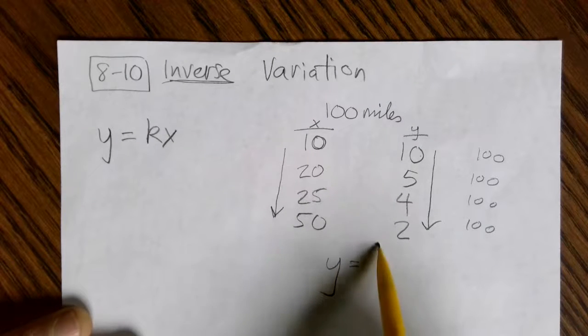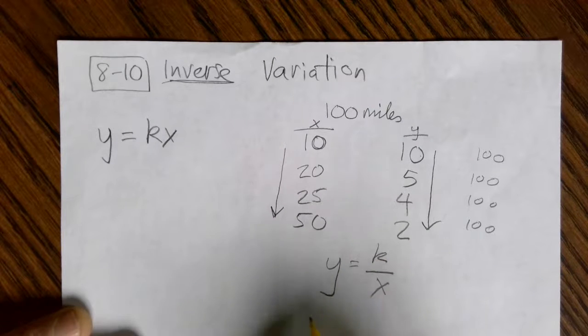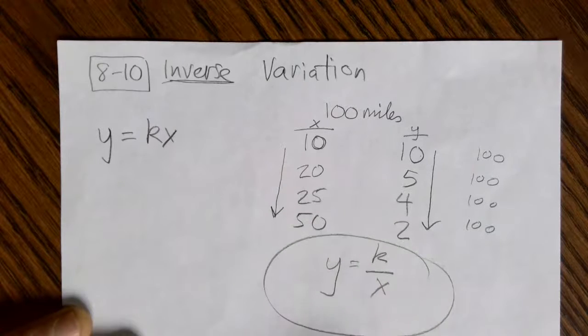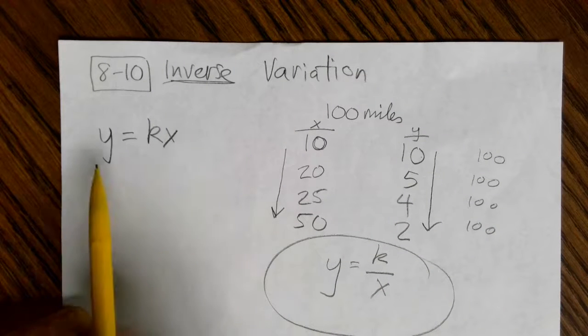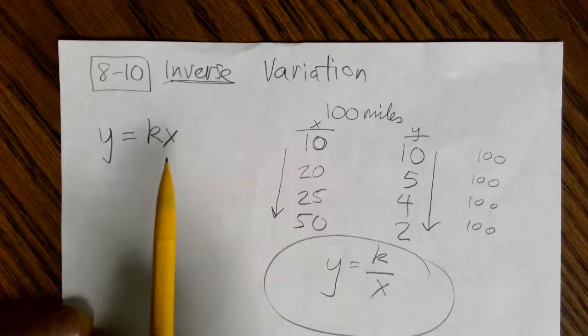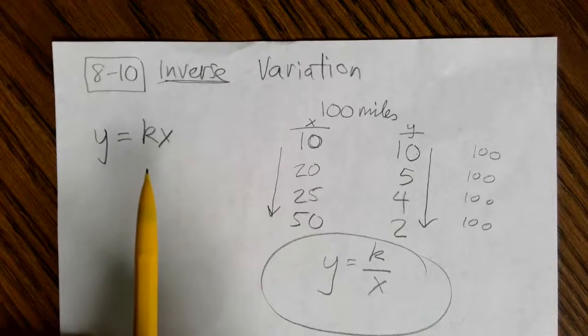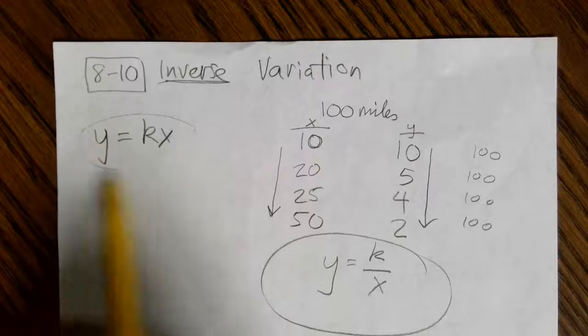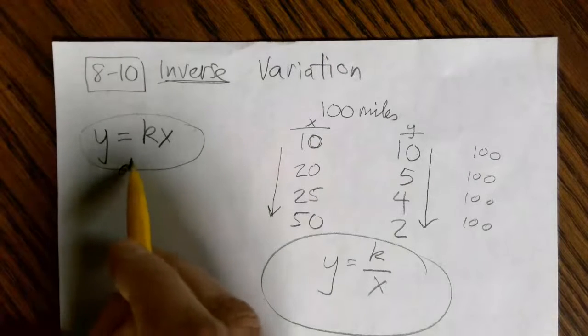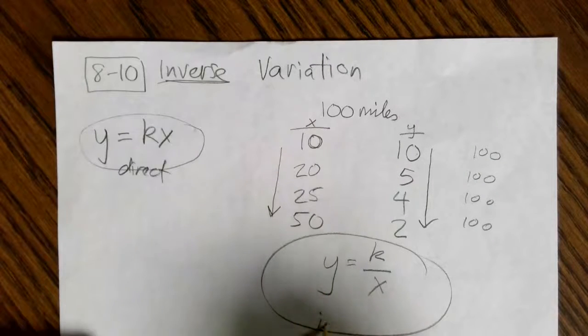Y equals k over x. Okay, so the idea is that we have direct variation and inverse variation.